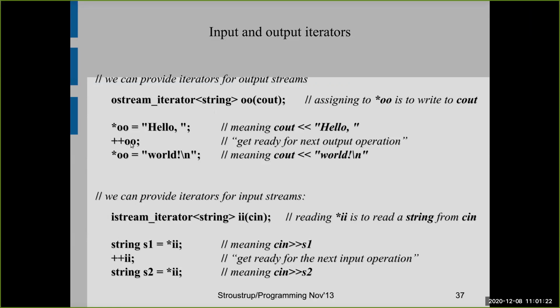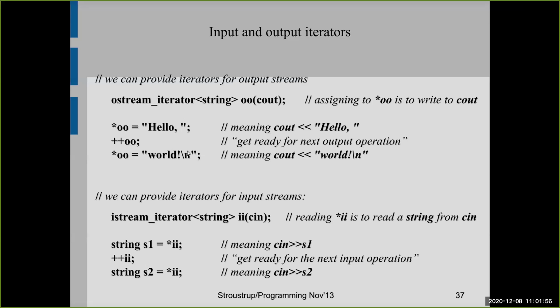So I can associate cout with an iterator. So I can create an iterator, which, for example, is named OO, and the reference OO equal hello makes cout hello. So I do the same using an iterator. So OO++ means, okay, get to the next word.